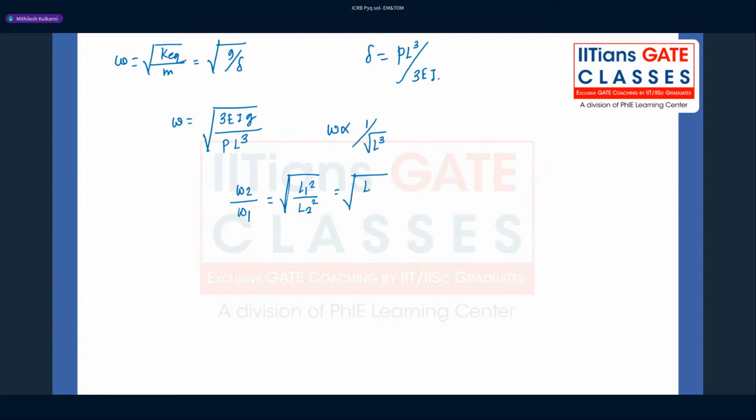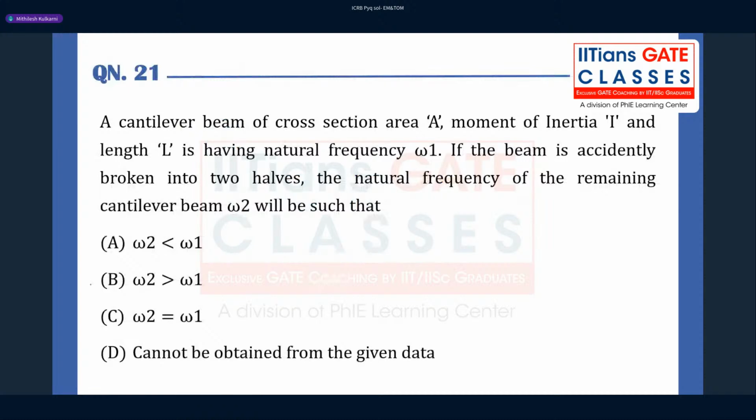L1 is L cube and L2 will be L by 2 whole cube. So it will become 2 root 2 and L cube gets cancelled. So omega 2, you can say it as equal to 2 root 2 times omega 1. So in general, omega 2 is greater than omega 1. Hence, the correct option is option B in this case.